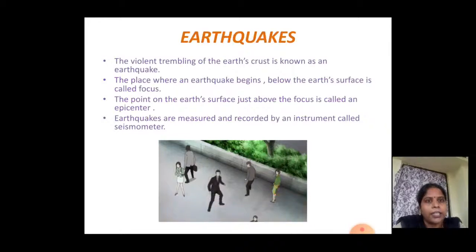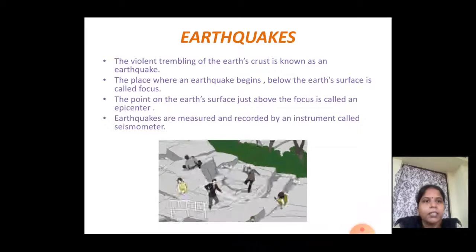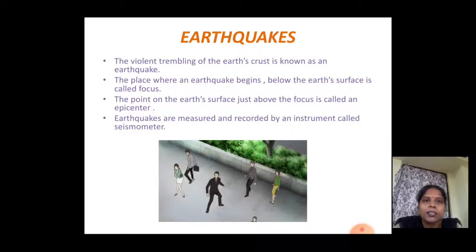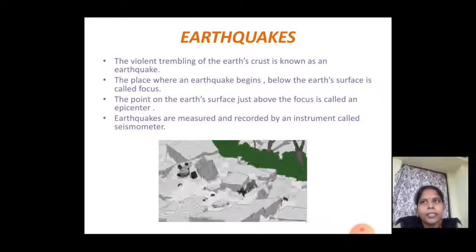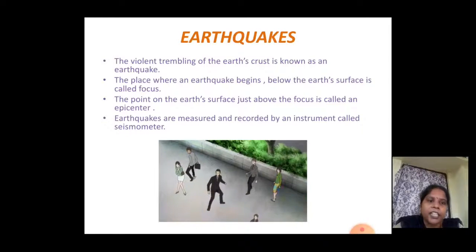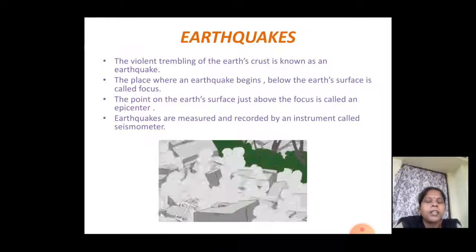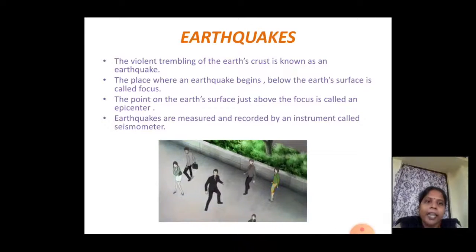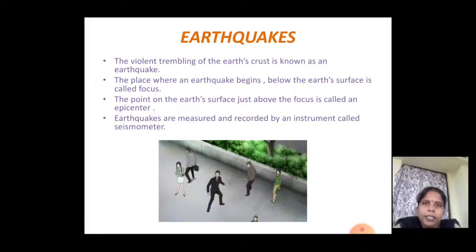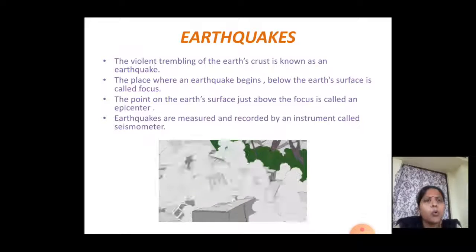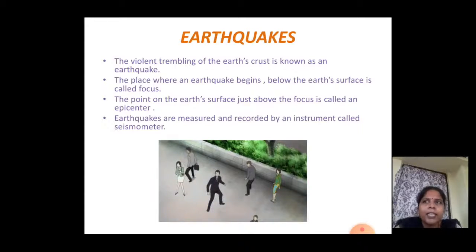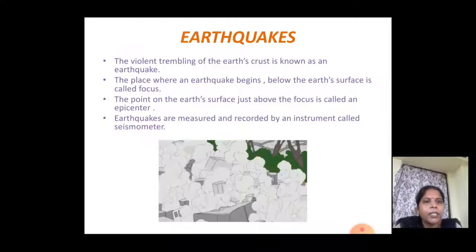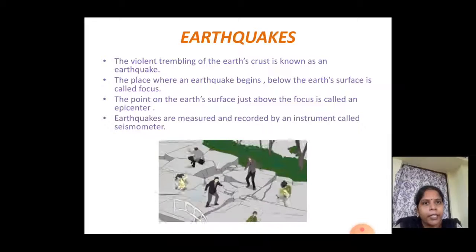And next we will learn about one more rapid change, that is earthquake. What causes earthquakes? We know that the interior of the earth has three layers, that is core, crust and mantle. The magma and the gases in the earth's interior move and push the land upward, making the earth tremble or vibrate.